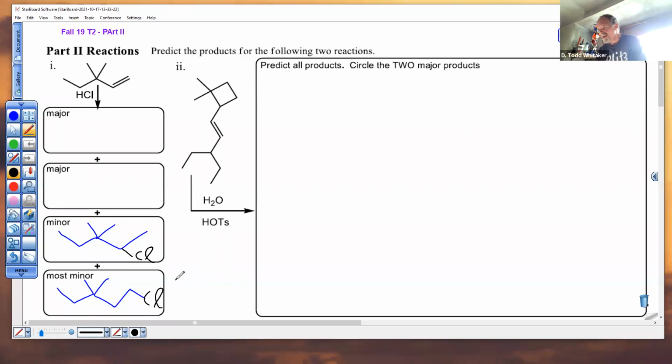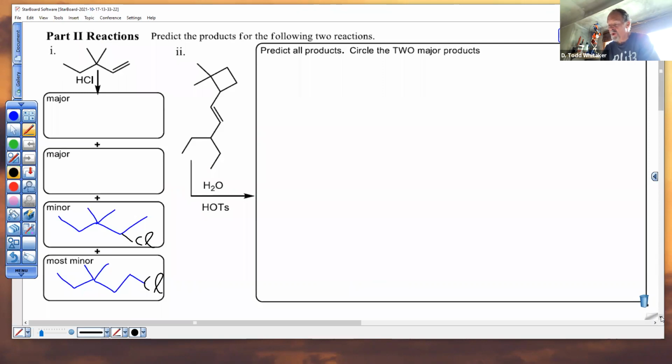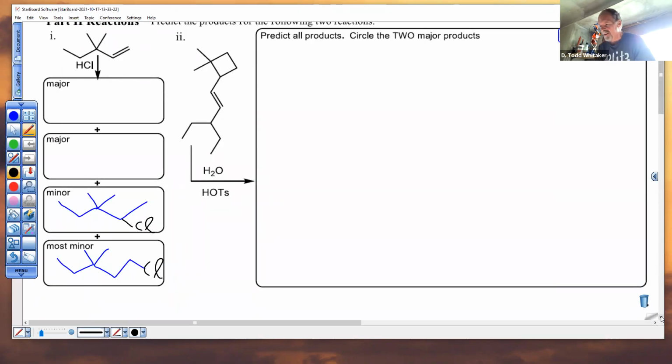Now, to predict the products of rearrangements, it's very hard to do unless you draw the cation. So I strongly suggest, even though you do not get points for it, that you draw the carbocation. Please don't ask me to remind you after you get your test back that you will not get points for the carbocations. Here they are.